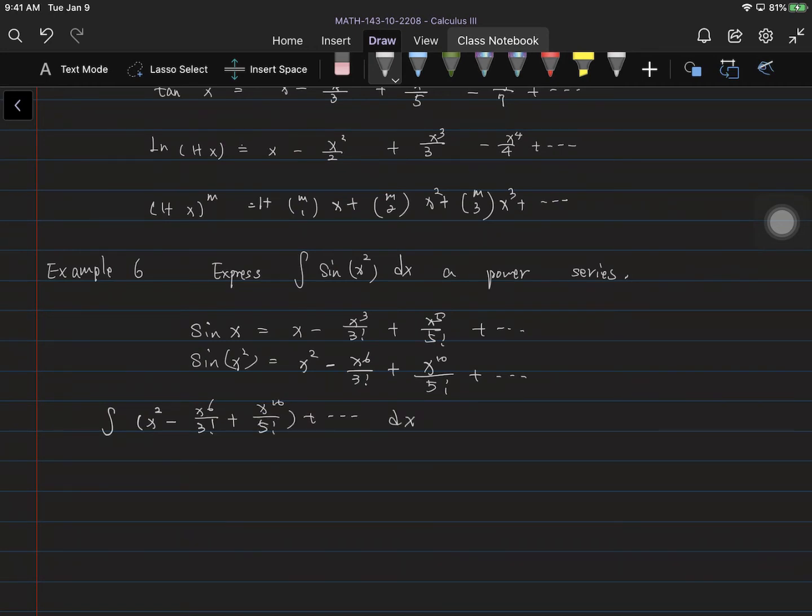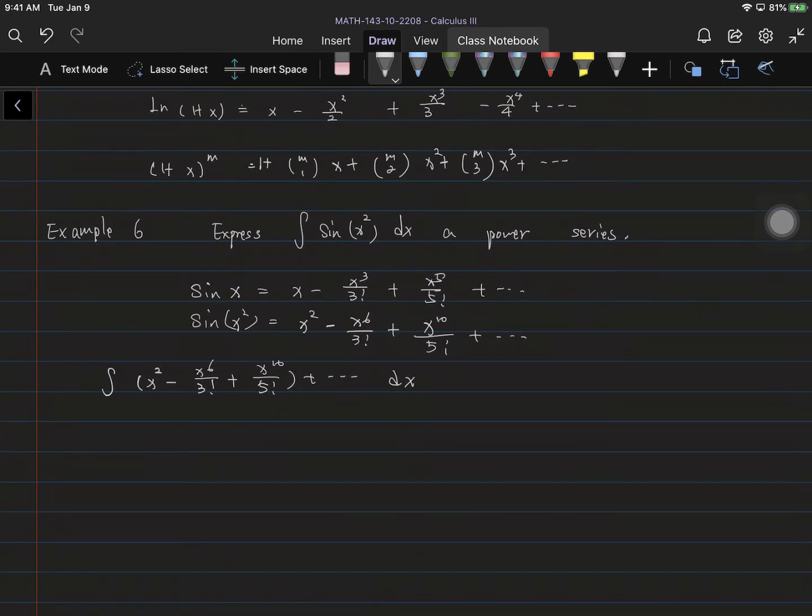Okay, so for series we have the property that we can do derivative and integral for each term. So let's see. This becomes x cubed over 3 minus x to the 7th over 3 factorial times 7, right?